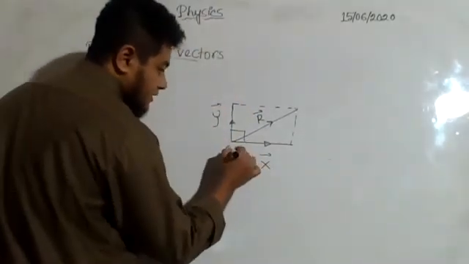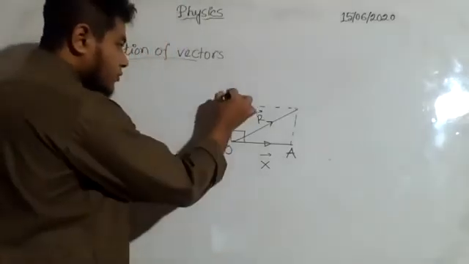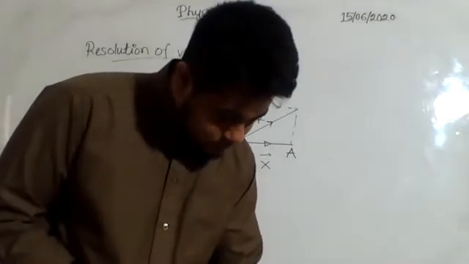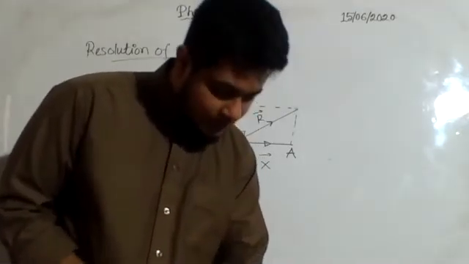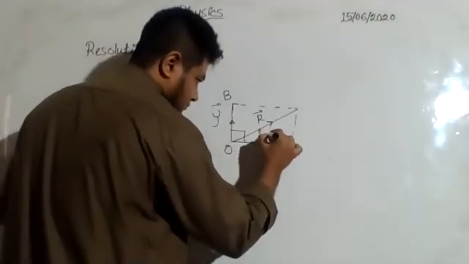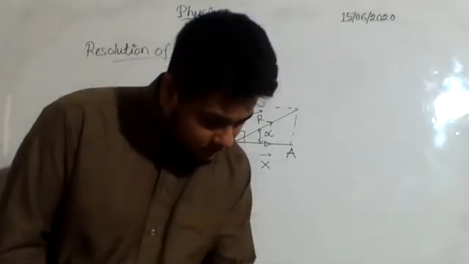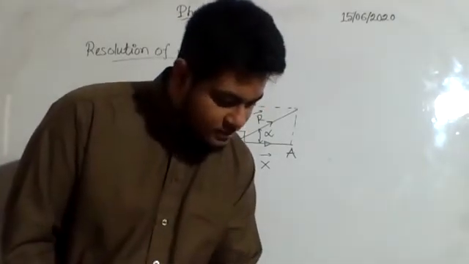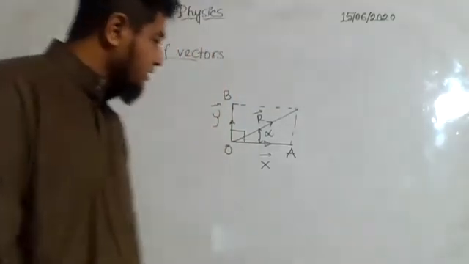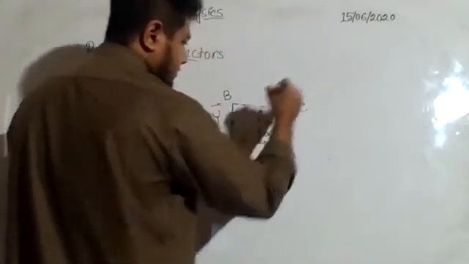Yes, x they have denoted by OA, and this is definitely OB, making an angle alpha with R. They have given this angle to be alpha. The other component OB, y, is perpendicular to x. Now in the triangle OAC, this point they have considered to be C.